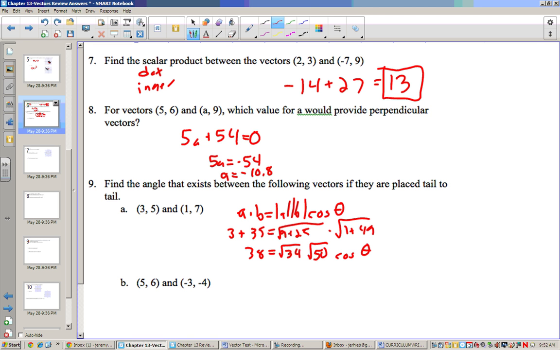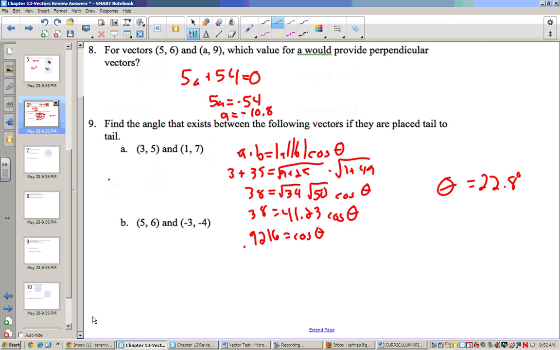So now if I take the square root of 34 times the square root of 50, I get 41.23 times the cosine of theta. Now I divide by 41.23 on both sides. So I have the cosine of theta equals 0.9216. So if I take the inverse cosine of that, my degree is 22.8 degrees.